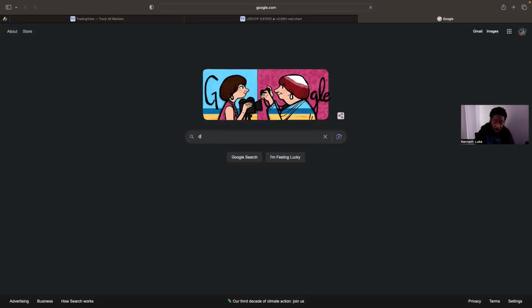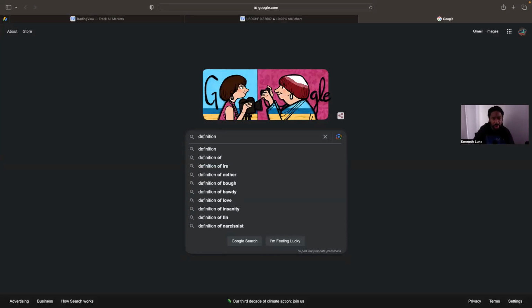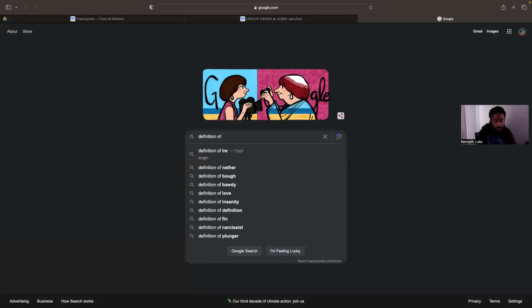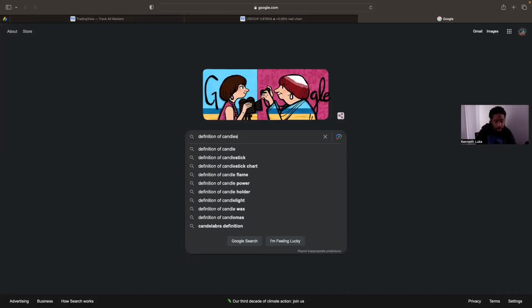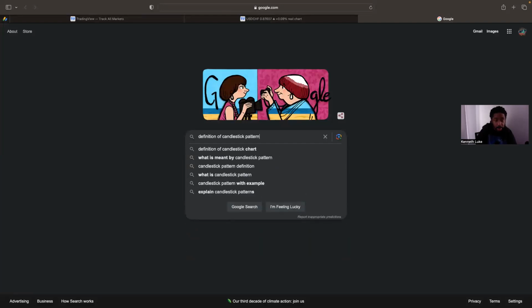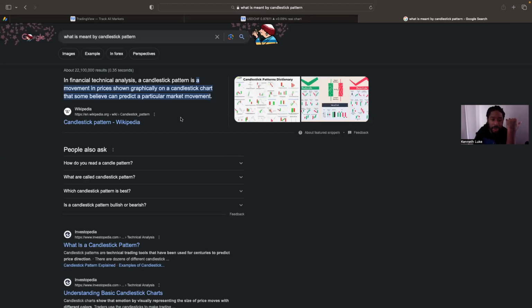Okay, definition. Remember, guys, always do your due diligence. Don't ever just take somebody's word for it. Candlestick pattern. I always like to give you guys the definition off Google here, and then I like to give you guys my definition.